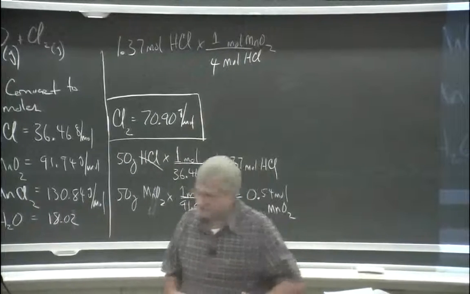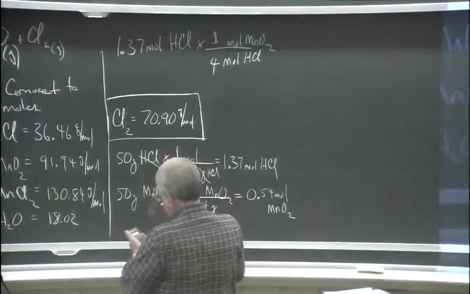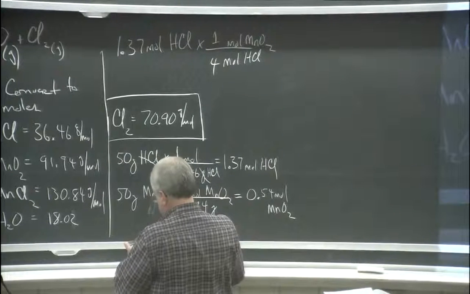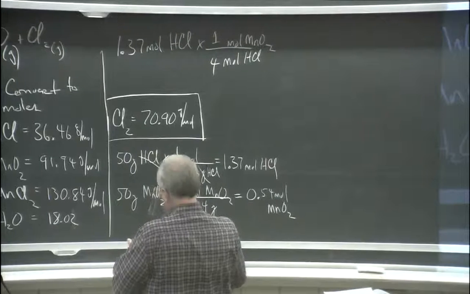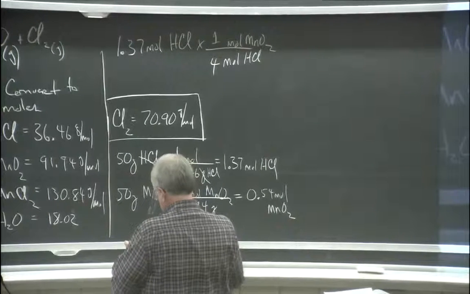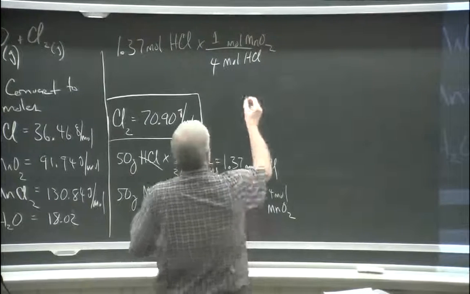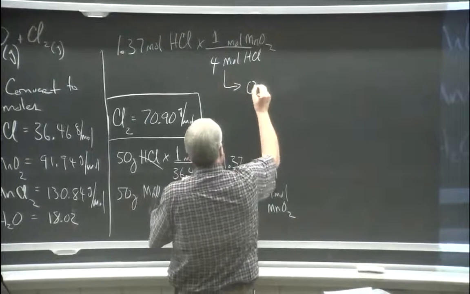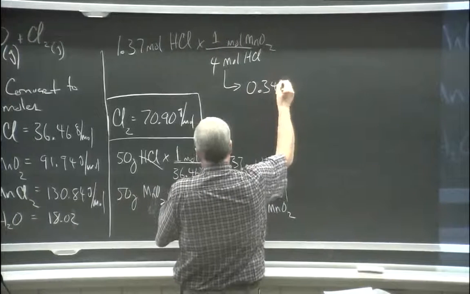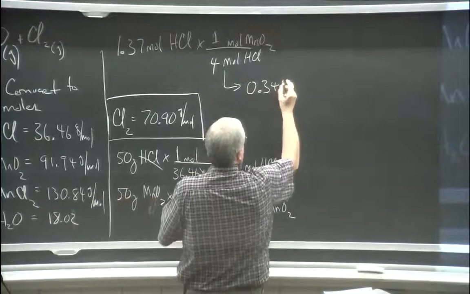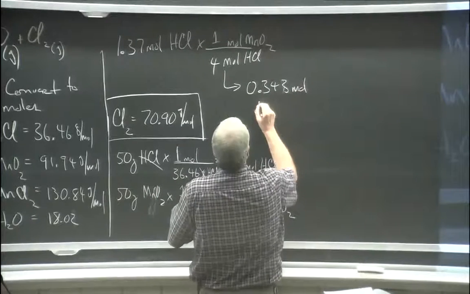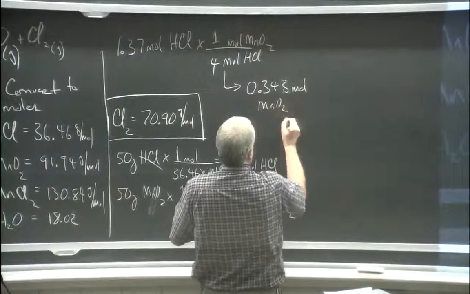I guess I should do this with you guys. 1.37. Oop, didn't come through there. Let's do that again. 1.37, and divide that by 4. Okay. I'll put the answer here. Okay, it's going to be 0.343 moles of MnO2 needed.